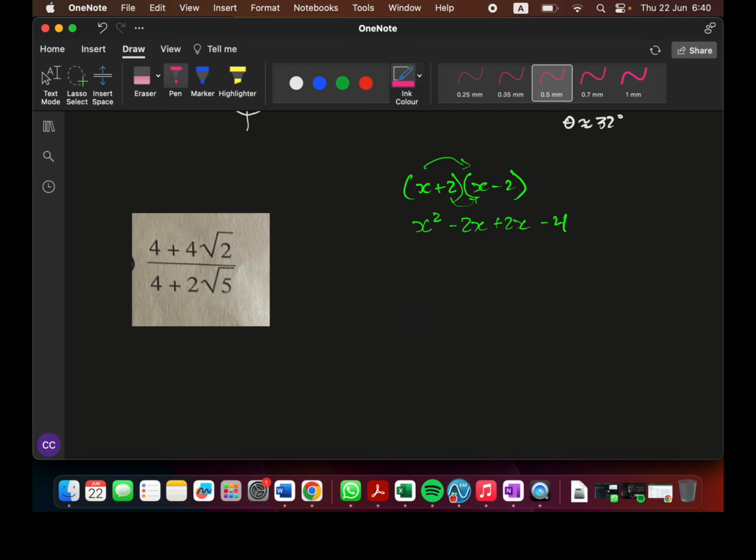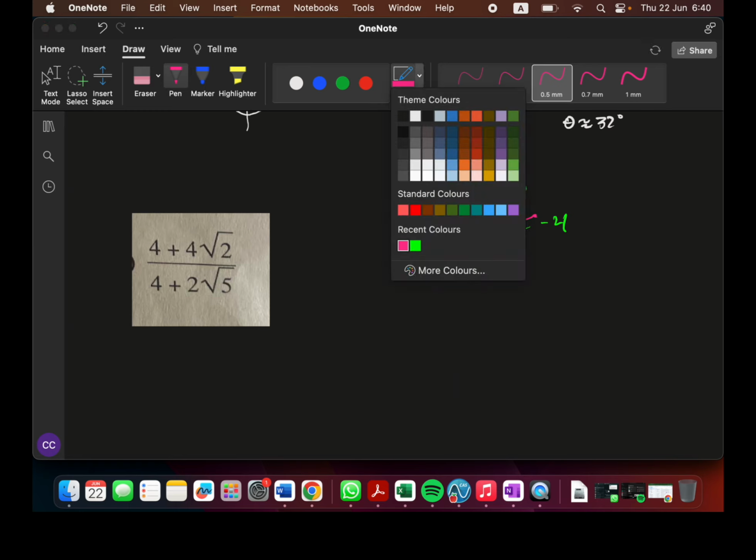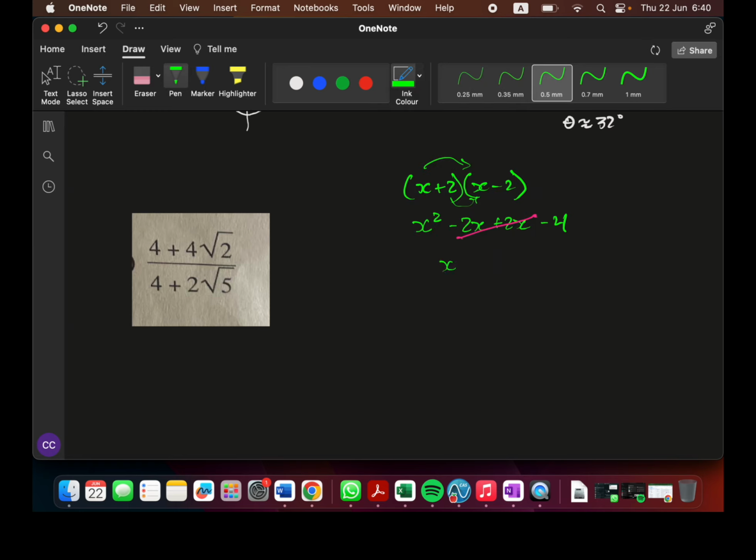And if you notice, when you do that, those center terms cancel out. So whenever we have the difference of two squares, all we have is the square of the first term minus the square of the second term. So that process gets rid of the middle terms.